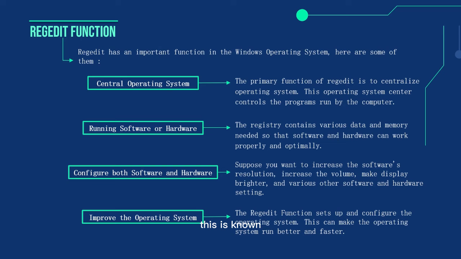This is known as performing a hardware or software configuration. And the last one is improve the operating system. As explained in some previous points, the Regedit function sets up and configures the operating system. This can make the operating system run better and faster.